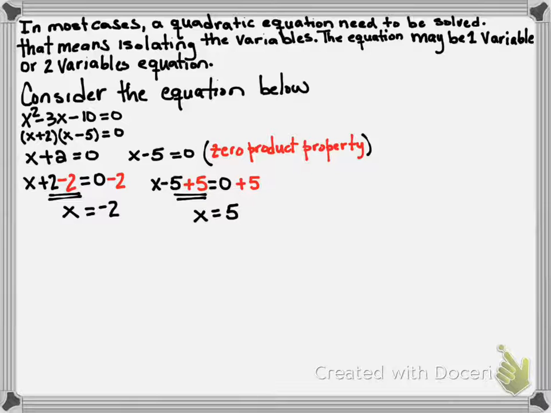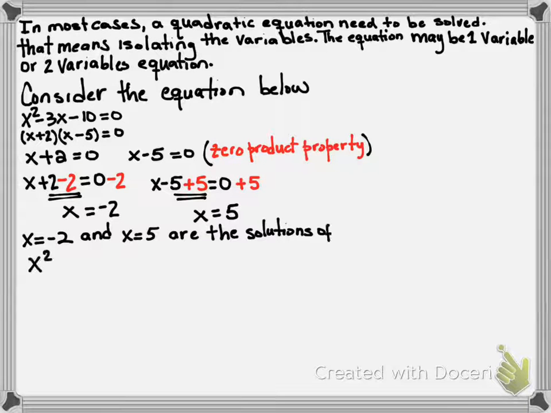They're the same thing we call zeros. They're the same thing we call x-intercepts. They're the same thing we call roots. All these mean the same thing. Okay. All right? So they're the solutions of the equation x squared minus 3x minus 10 equals 0.